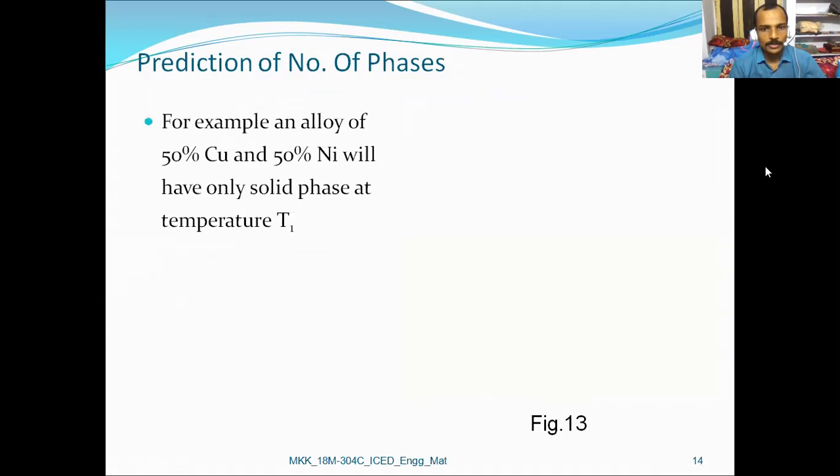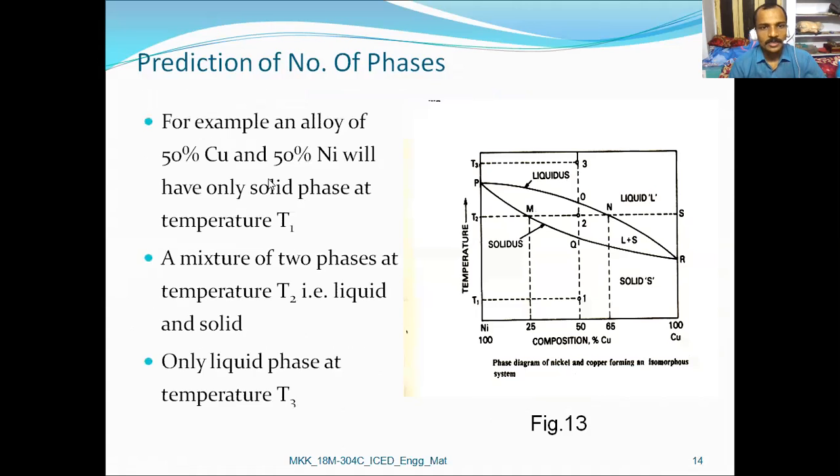So for example, in this particular diagram, 50% of copper and 50% of nickel is observed at a T1 temperature. At T1 temperature, both are 50%, and that is a solid phase.